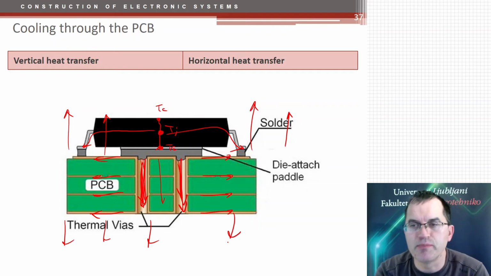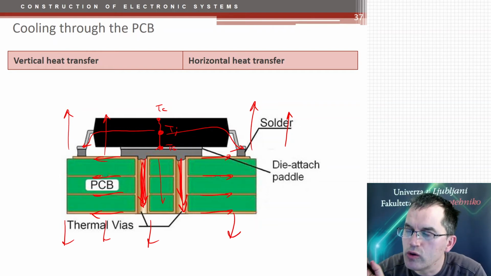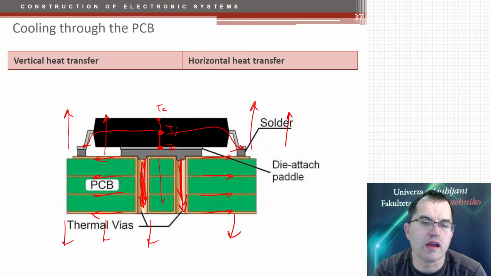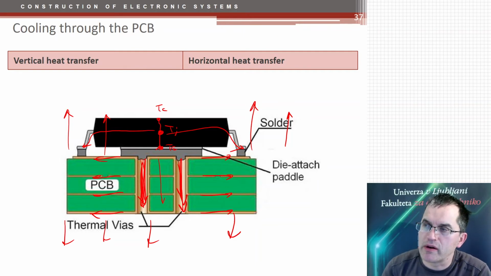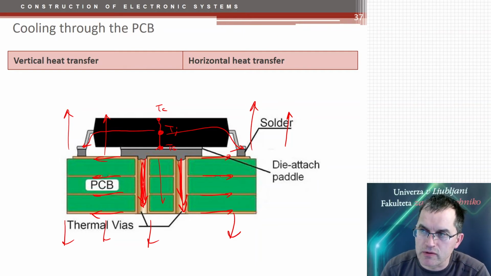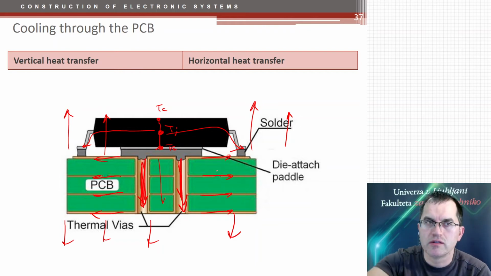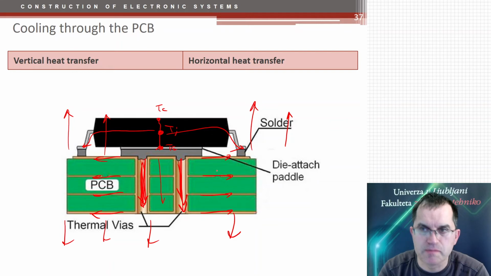So what is important to know here is that your cooling area should be made of copper as much as possible. That's the first rule. And that copper vertically would be in the form of thermal wires, horizontally big copper planes. Of course, you may not be able to afford that.